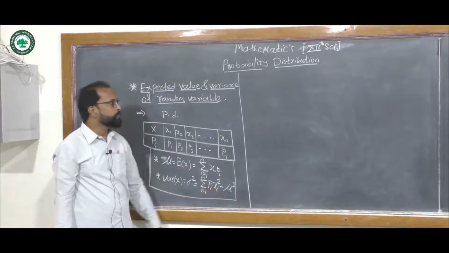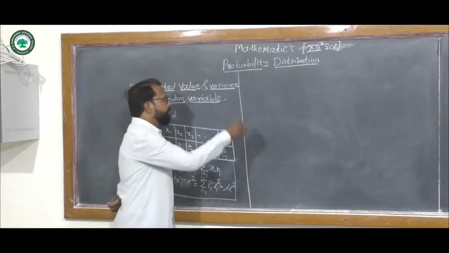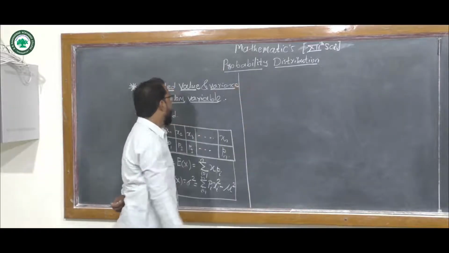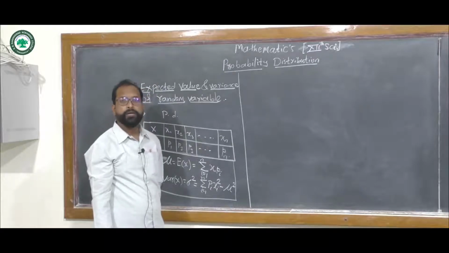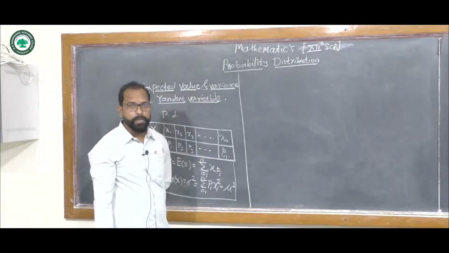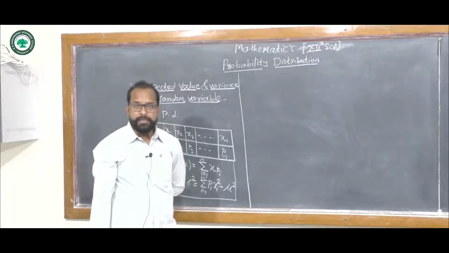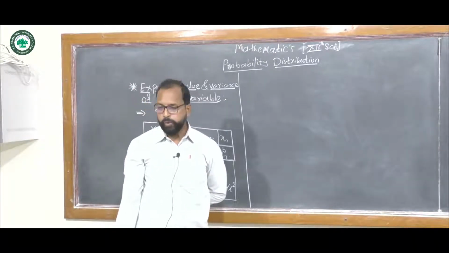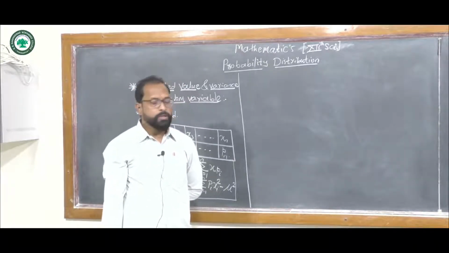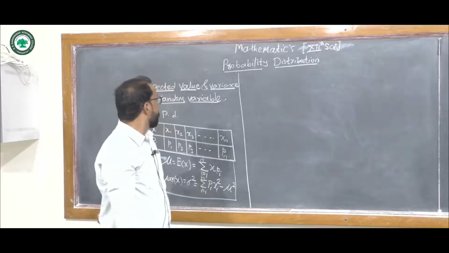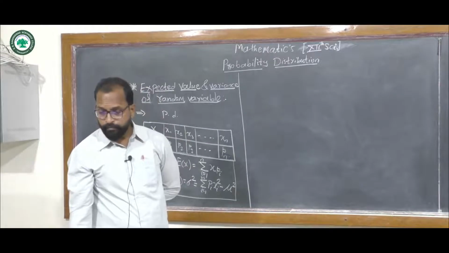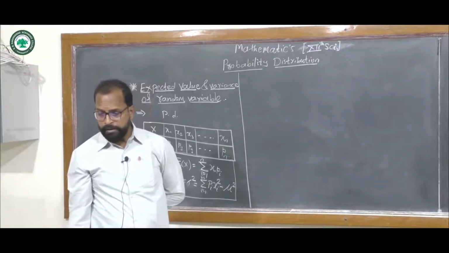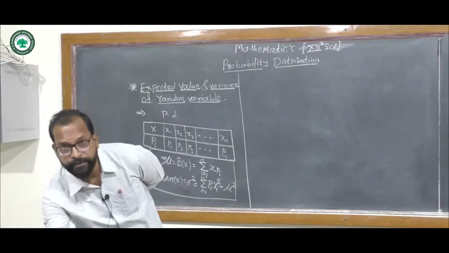Now, depending on this expected value and variance of a random variable, we continue with some problems from exercise 7.1.